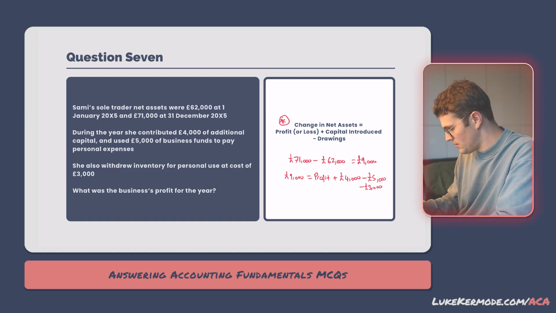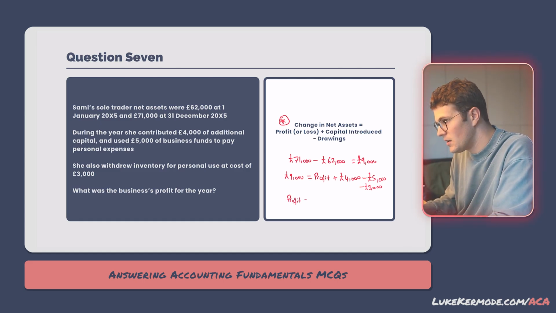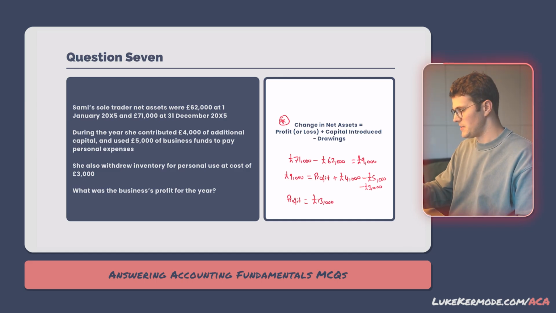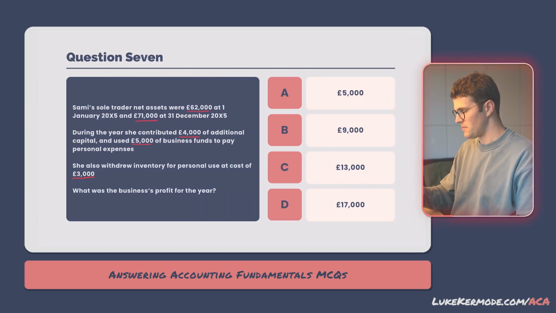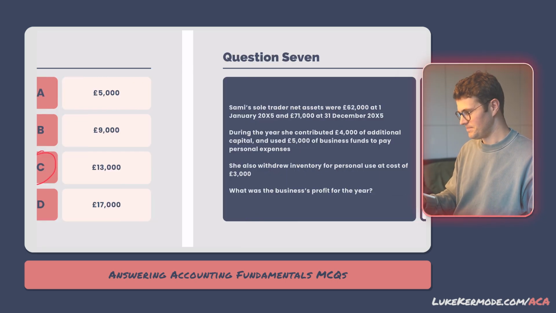So if we rearrange this equation to solve for profit, what you'll find is that profit for the period equals £13,000. So Sammy's business made a profit of £13,000 for the year ended 31st of December 20x5, and therefore option C is the correct answer.